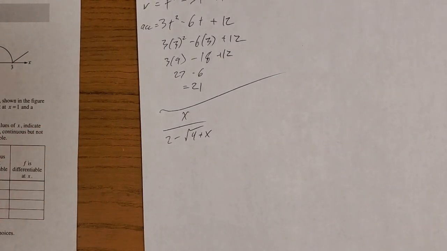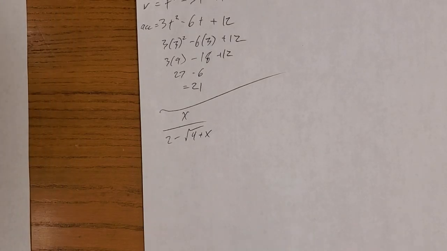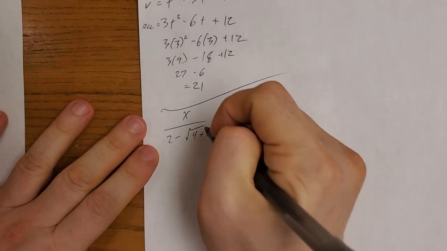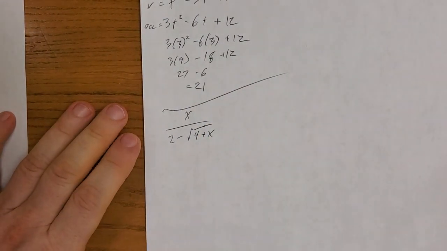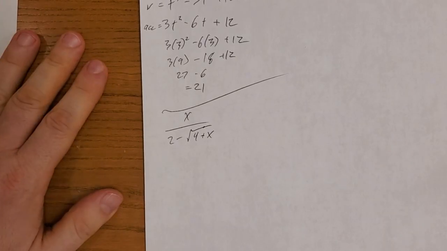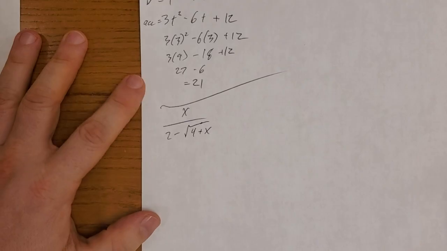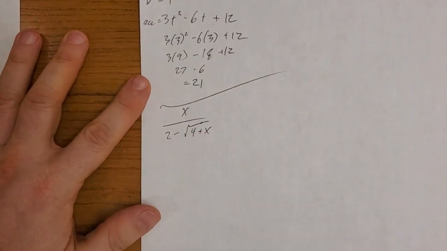And the easiest way to do this, well, you have to be a little creative in terms of this, but dividing by that square root stuff is not a fun thing. So our first goal is to get this off of the bottom.